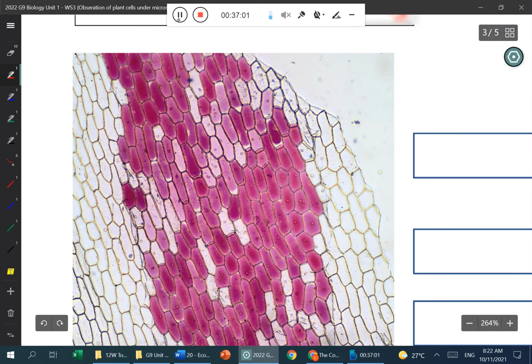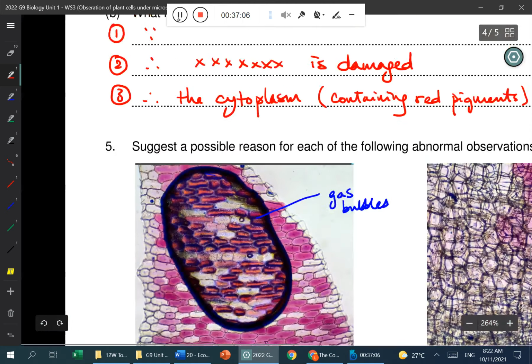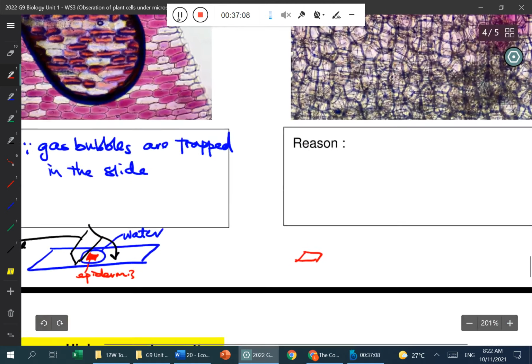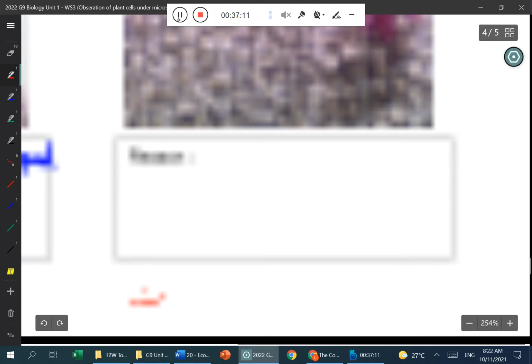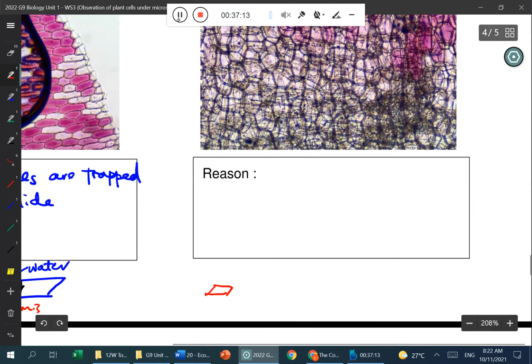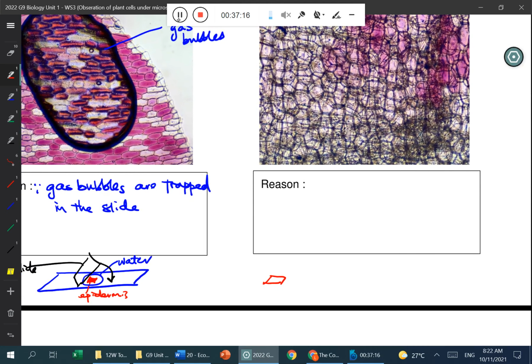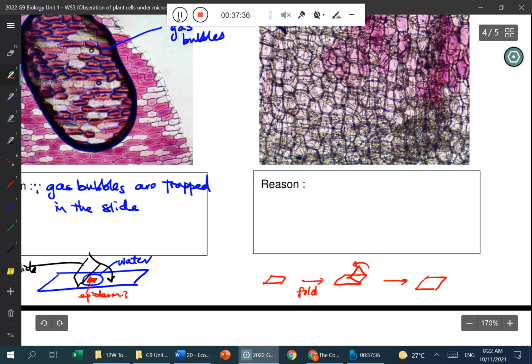This is only one single layer of cells. But now the problem is that if you don't peel the epidermis very nicely, or when you put the epidermis into the water, you let it fold up and press onto itself.